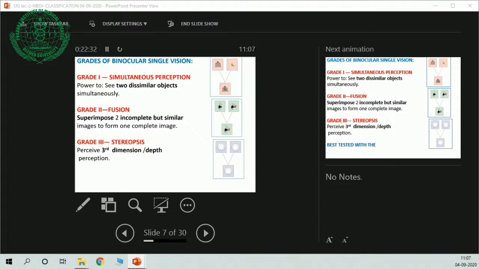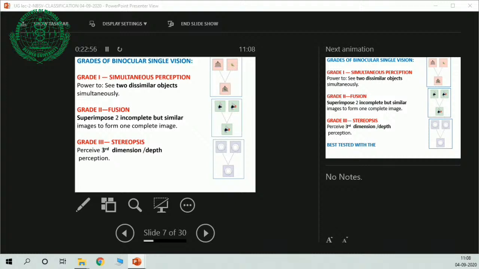Why is this grading there? If the person is having both eyes 6/6 vision without any tropia, without any phoria, then stereopsis can be possible. But if there is a dissimilarity, but not so much, for example a person having 6/6 vision in one eye and 6/12 or 6/24 in the other, the fusion may get affected, but the person will have simultaneous perception.